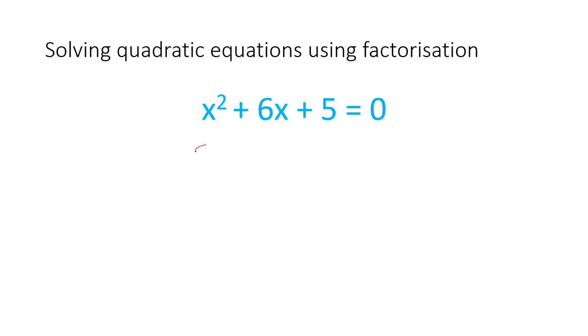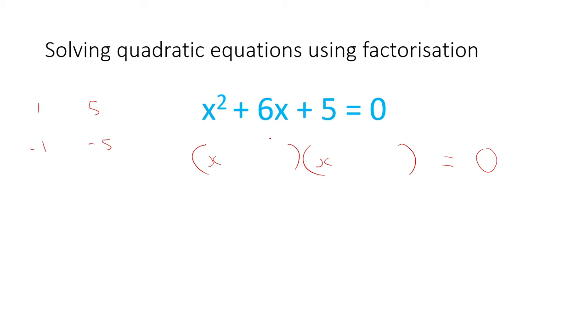So as usual I'll open up the double brackets and this time I'll make them equal to 0 because this is an equation. I will put in my x in each bracket, and now as before we will look for a pair of numbers which multiply to give plus 5. So I list them out. There's 1 and 5, and the other one is minus 1 and minus 5.